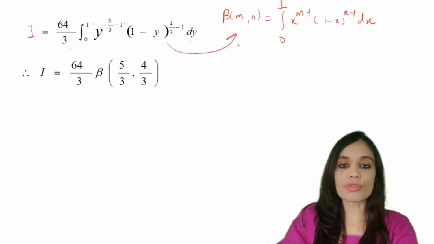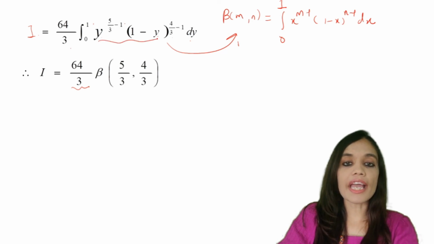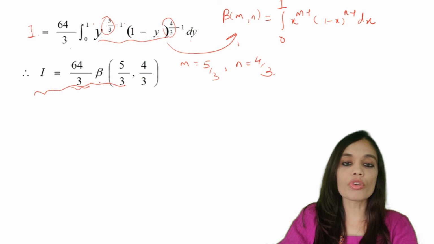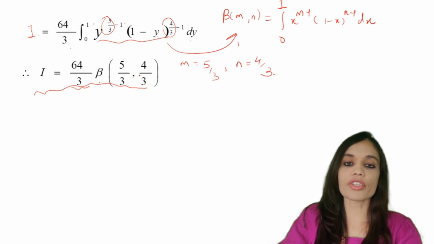Now compare these two, right? So 64 by 3 will remain as it is, and this will be written as beta of 5 by 3 comma 4 by 3. On comparing, you will get your value of m as 5 by 3 and value of n as what, 4 by 3. Okay, so we have proved our desired equation, right?